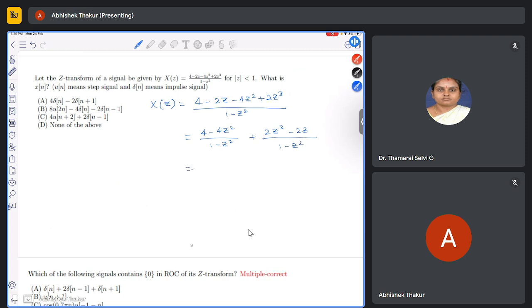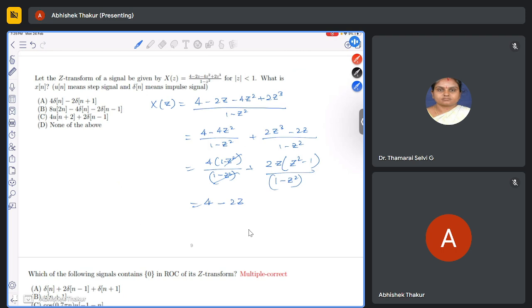So now when you take 4 common, it will become only 4. So this we can write as 4 minus 2z.